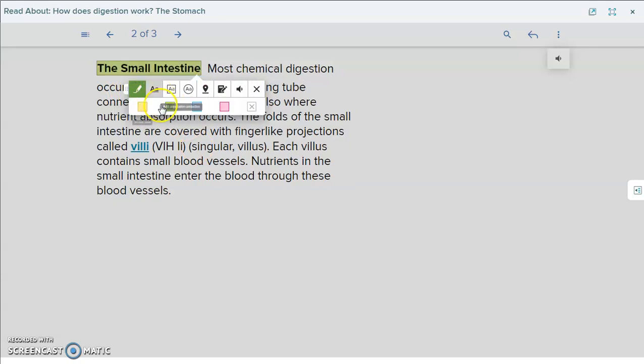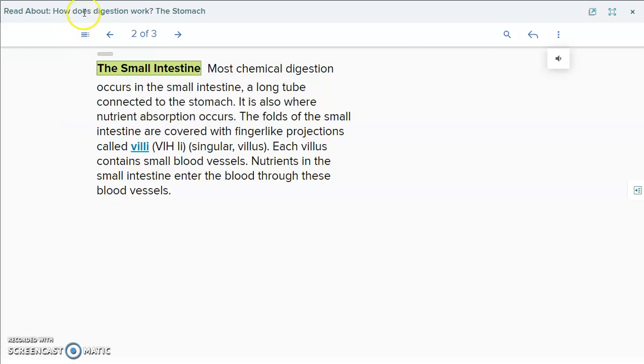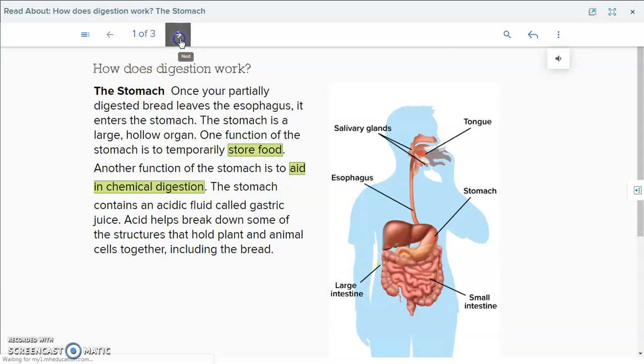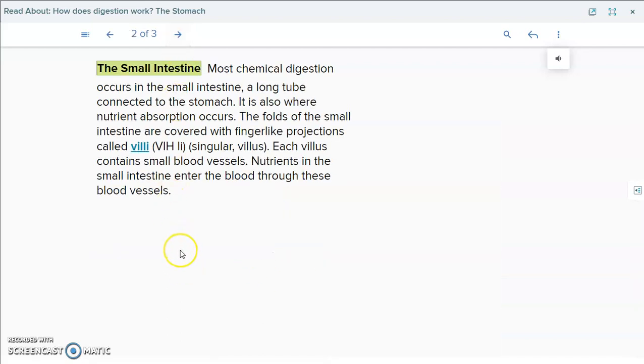The small intestine. If you want to see this part again, it is here. This is the stomach, and see the small intestine is connected to the stomach. There are lots of functions the small intestine does for digesting our food.